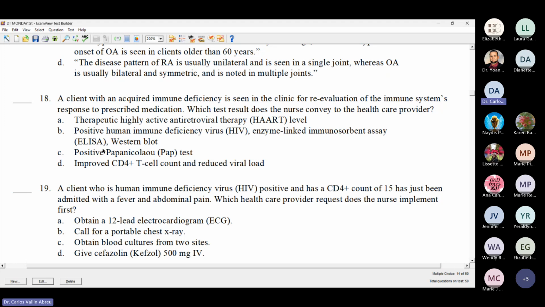Because the antiretroviral therapy is going to work very well. The purpose of this is that the CD4 count is expected to improve while the viral load is reduced. And of course, if the client has HIV, the ELISA and the Western blot need to be positive. There is no news here. The important thing here is that the client has cancer. This is the priority in this question.